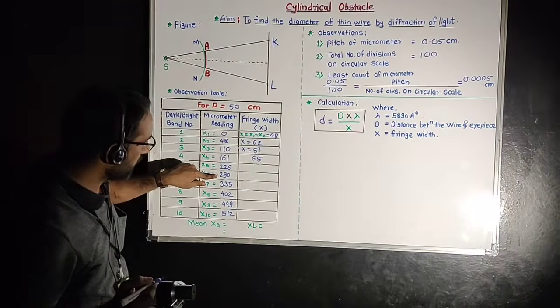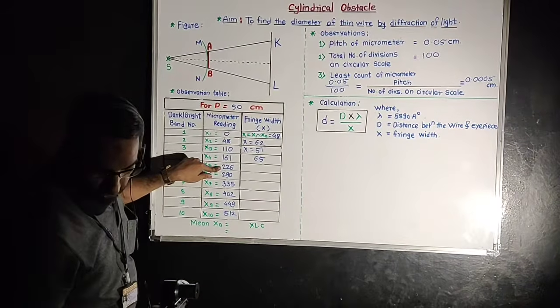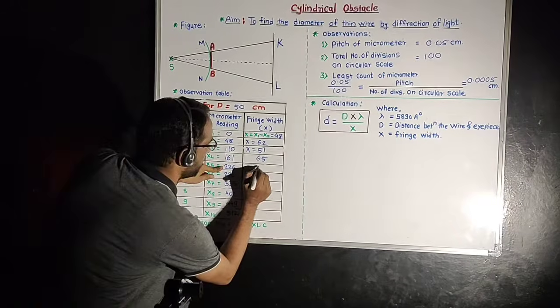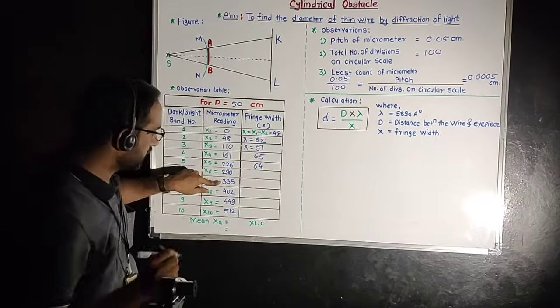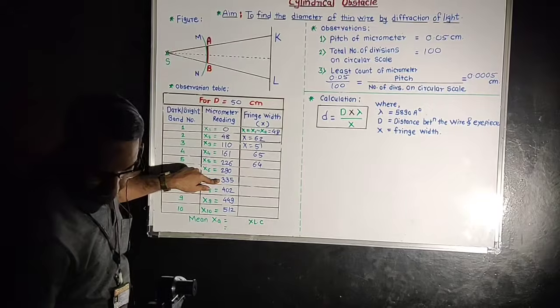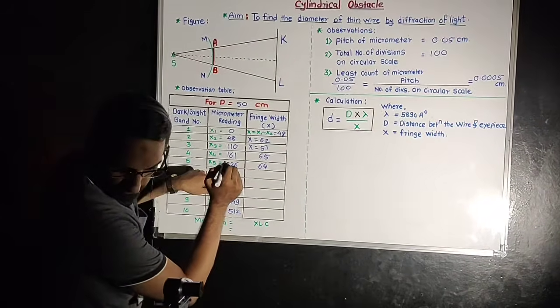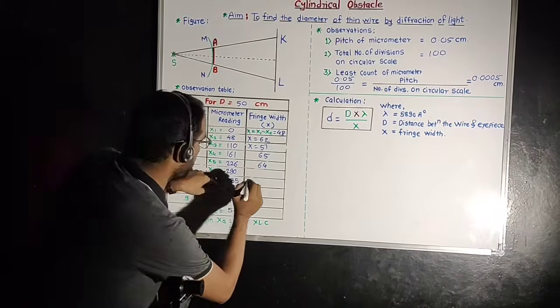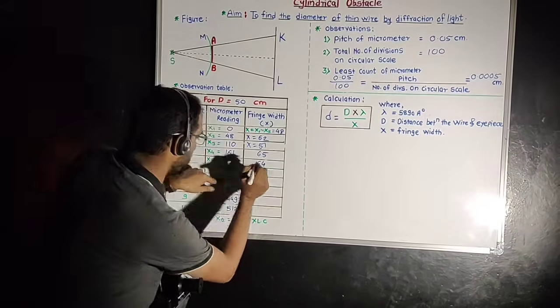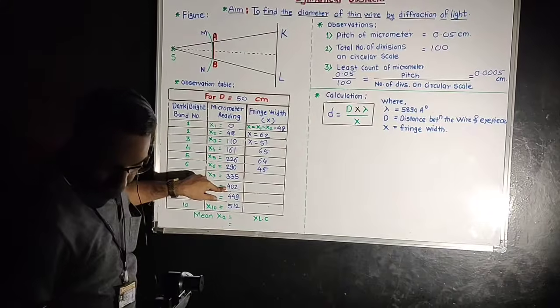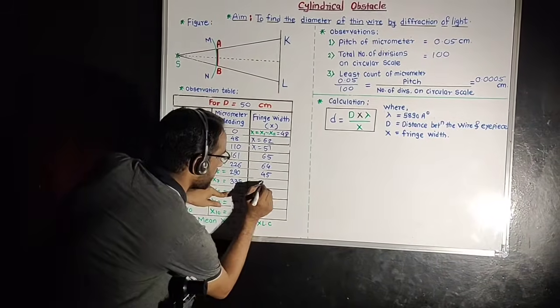Now 290 minus 226, that value becomes 64. Okay, then 335 minus 290 is 45. Correct. 402 minus 335, this is 67.